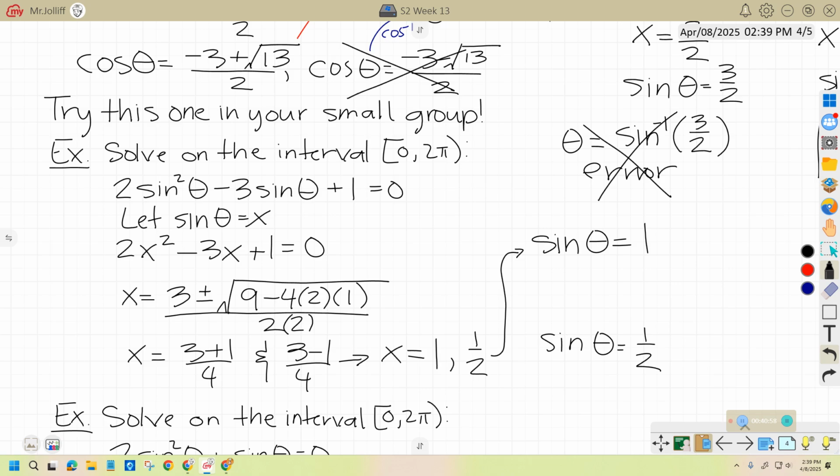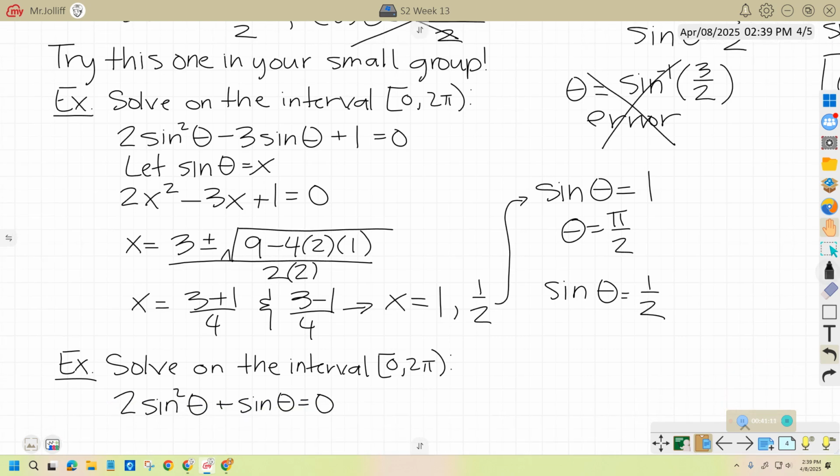Where is sine equal to 1? Pi over 2. That gives us one solution. Where is the y coordinate equal to positive 1/2? Pi over 6, 5 pi over 6. Yeah. Perfect.